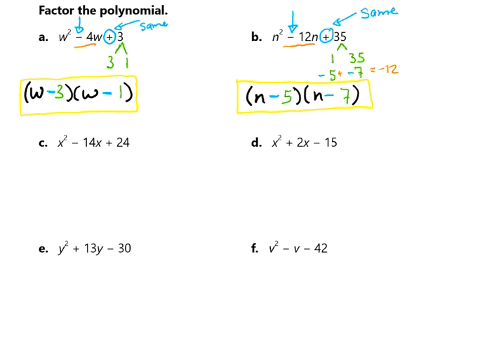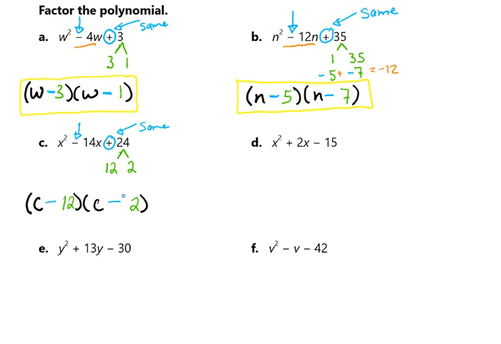So letter C is x squared minus 14x plus 24, and two factors that will multiply to 24 but add to 14 are going to be 12 and 2. So we're going to have our factors that we'll set up, and we'll be using the 12 and the 2. We see that our symbols are supposed to be the same, and that they're both supposed to be minus signs.